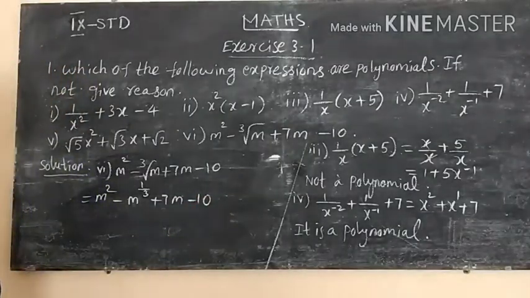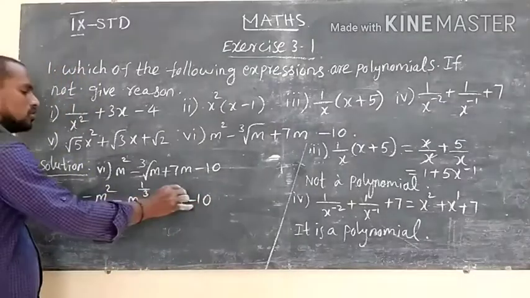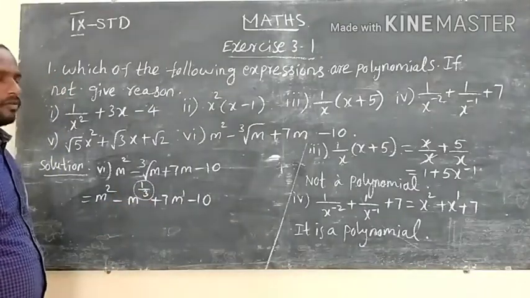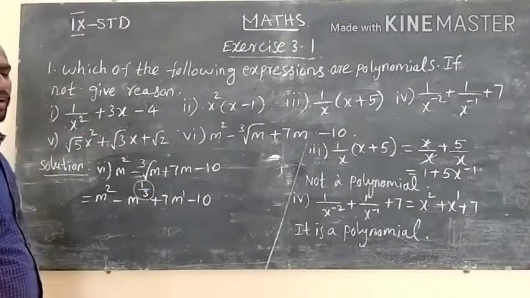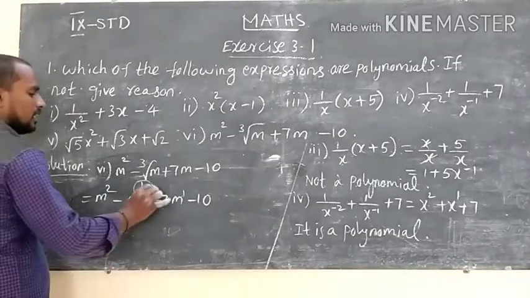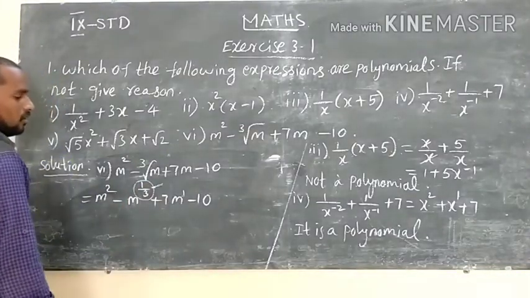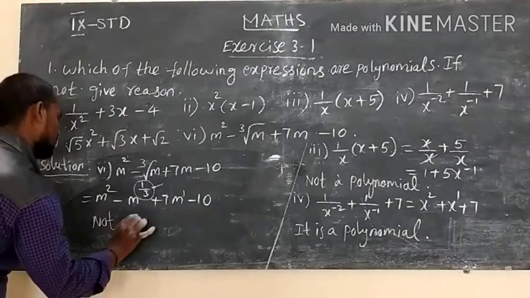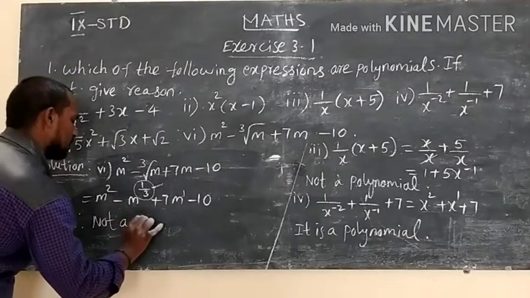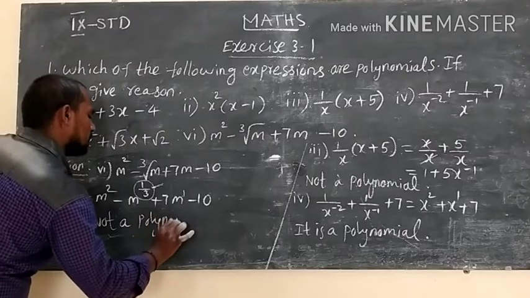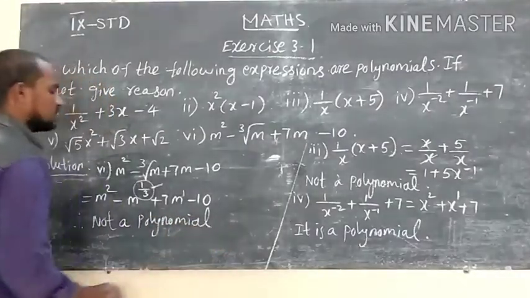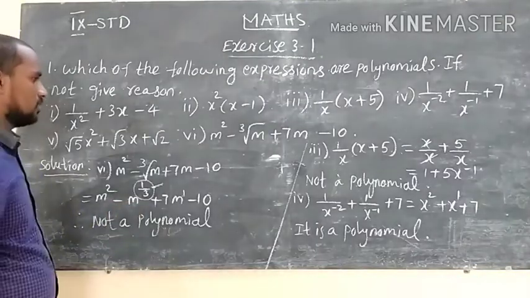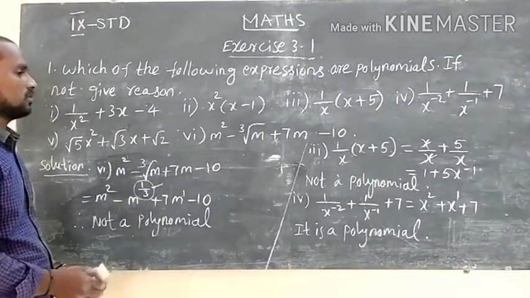Then comparing all the powers, this is 2, this is 1, but this is a fractional form. Okay, so we need non-negative integers. An integer is not in the form of a fraction. So therefore it is not a polynomial. The reason is that fractional exponents make it not a polynomial. That's all the first question.